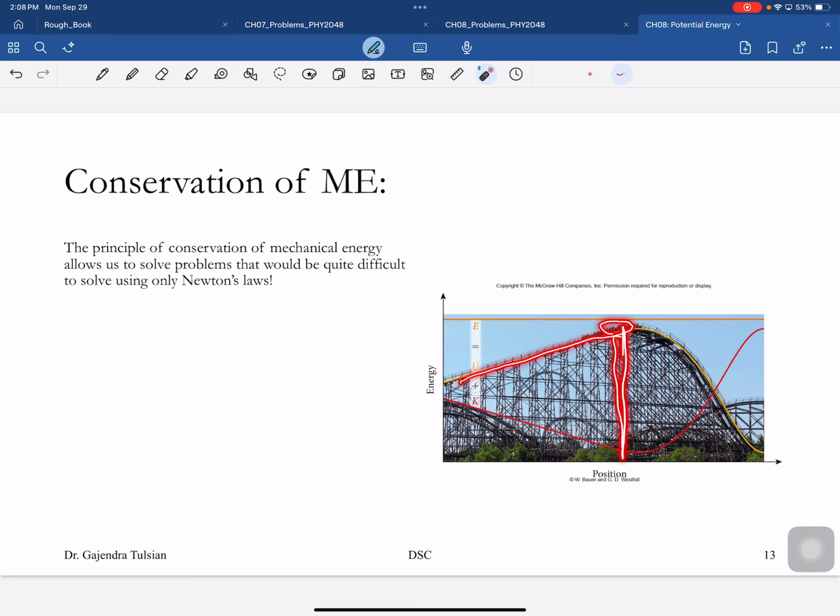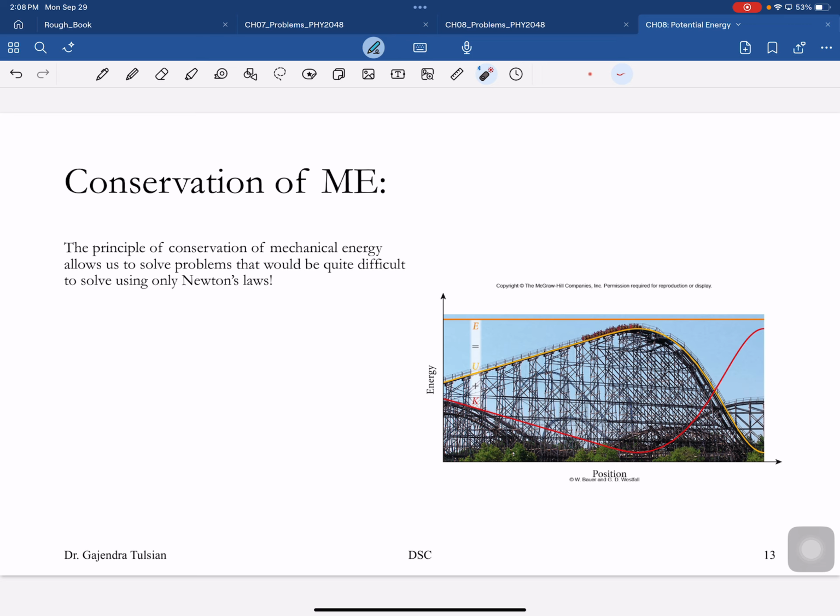It's the potential energy, and you can see the higher it is, the greater the potential energy. And this is the kinetic energy. As it's climbing up, it's slowing down, and then once it starts losing its potential energy, its kinetic energy goes up. But the sum of those two at all points is constant.